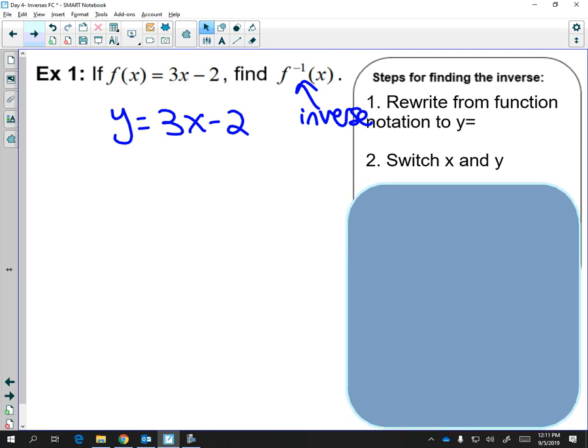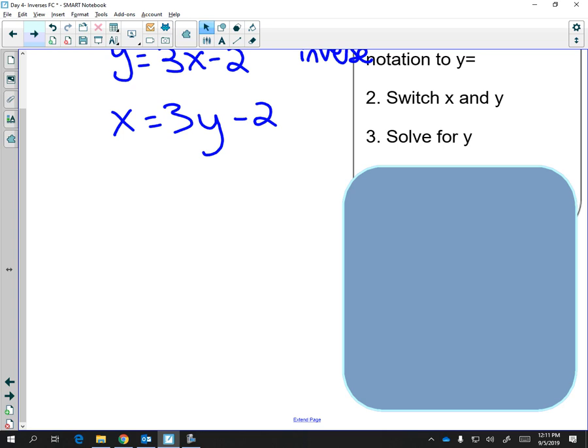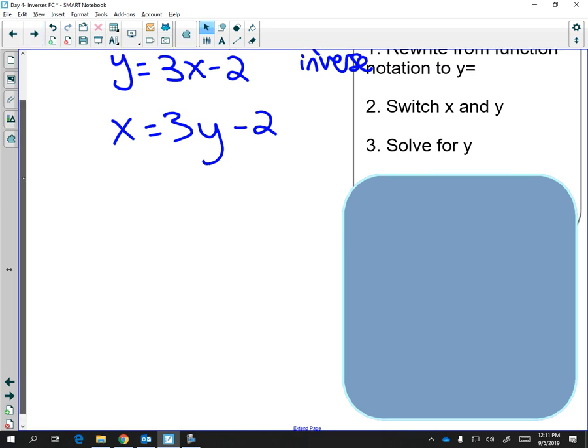We're going to switch x and y and just switch the positions. So where I see a y, I'm now going to write x. And where I see x, I'm now going to write y. Now that you've switched x and y, we're going to solve for y and get it by itself.